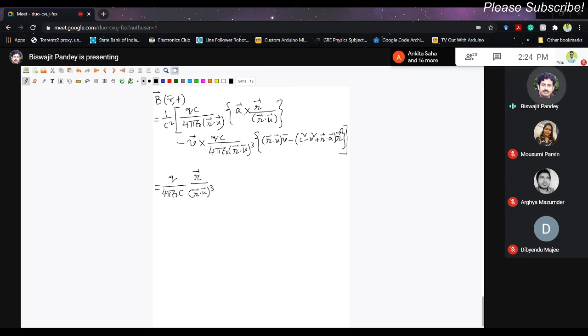And now remember, there is a cross product. If I make A cross R as R cross A, there will be a minus sign here. You see, I'm switching this order. V cross this entire thing. Then we have to take the sign accordingly. So I'm writing the cross sign here, and then let us see what the terms inside are.